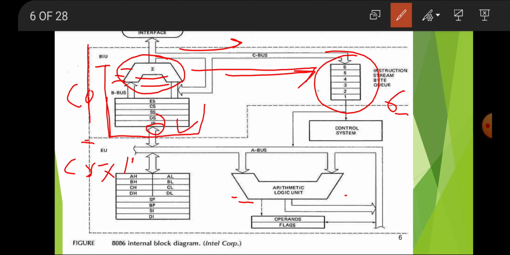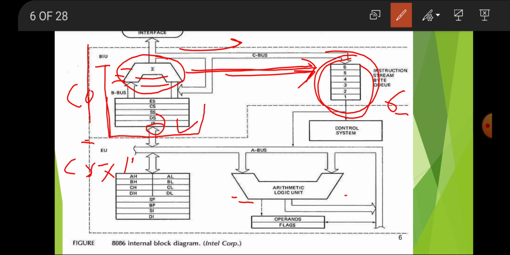Okay. Now through the data bus, the instruction is carried toward this 6 byte queue. While the current instruction is being executed, the next instruction is fetched into this 6 byte queue, right? Are you understanding what I am telling?